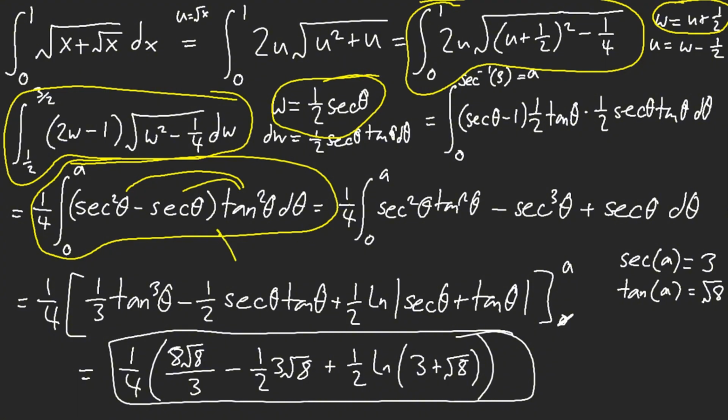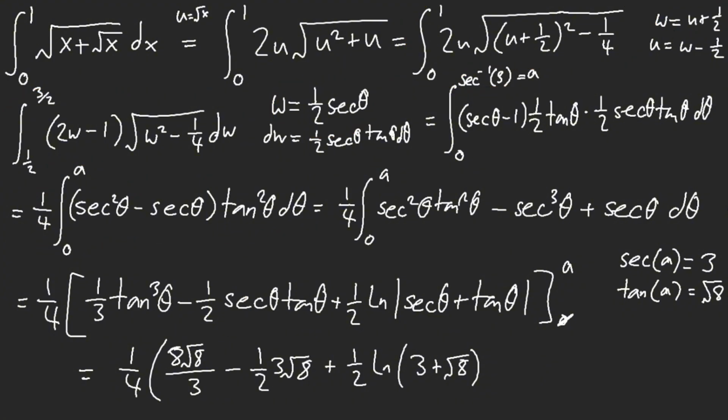And that will just lead you to your answer. Alright, don't forget that a is equal to inverse secant of 3. So this is the route that you would memorize if you're more comfortable with secant theta, handling with secants. Okay? Alright, so that's option 1.